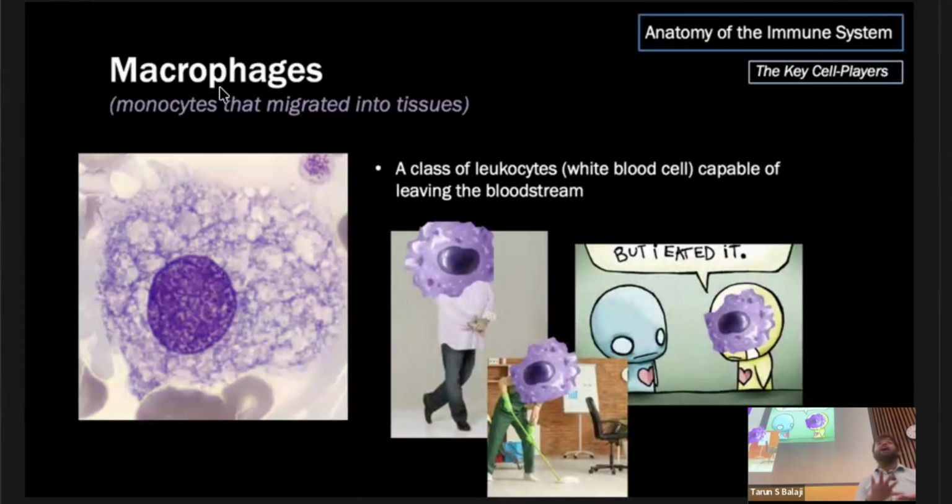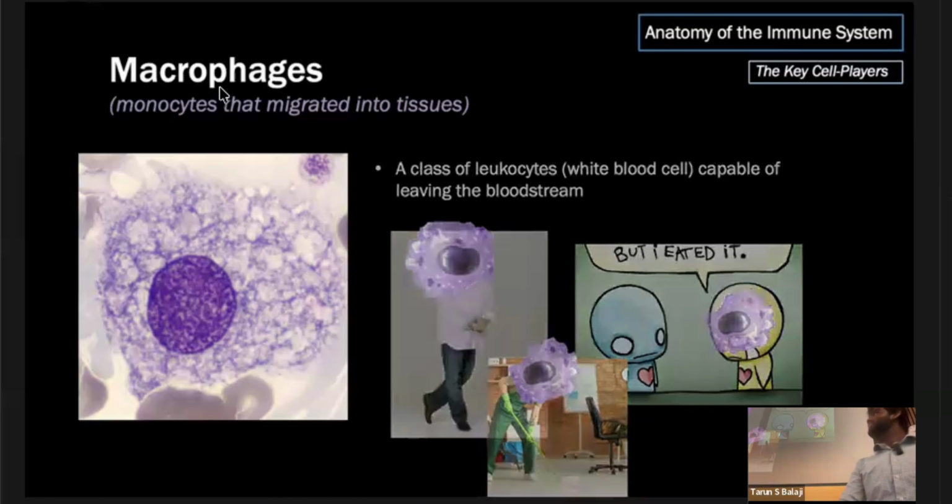Because remember, they move out of the bloodstream and into body tissues. Would you believe me if I say you actually know a bunch of macrophages already? Well, you do. Do we remember osteoclasts, the cells that break down bone? They're modified macrophages. Those are macrophages so suited to the bone.